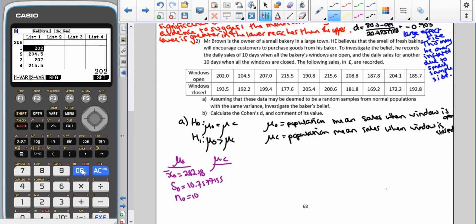Then we're going to delete the data and we're going to enter the data for when the window is closed.